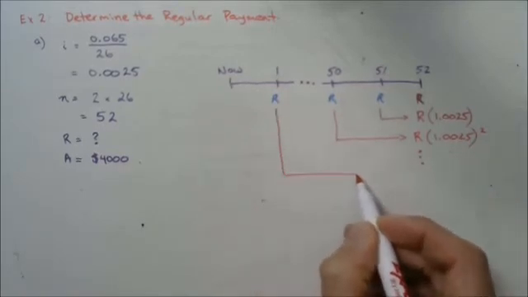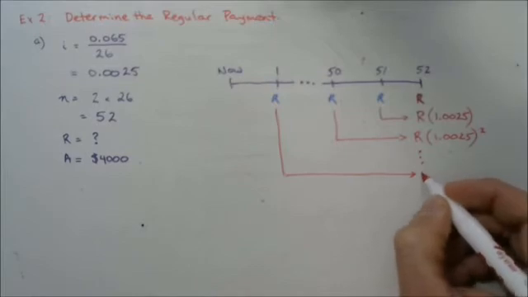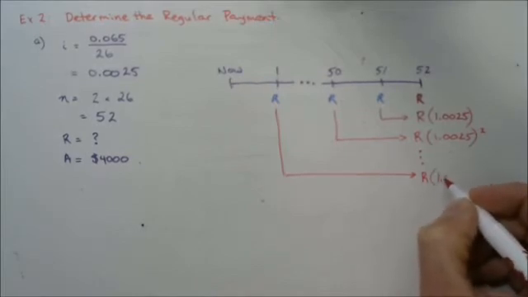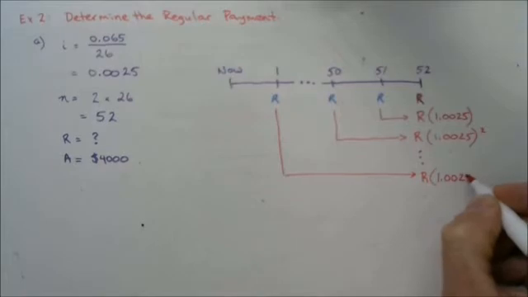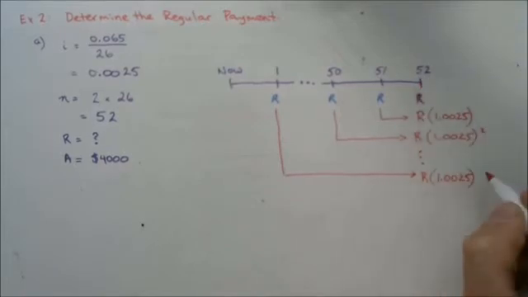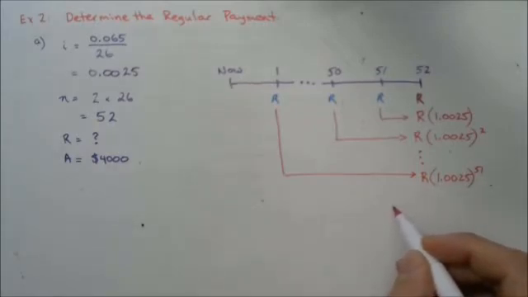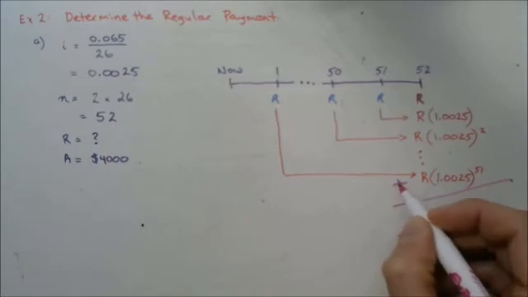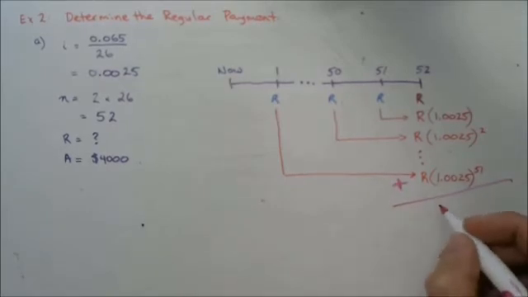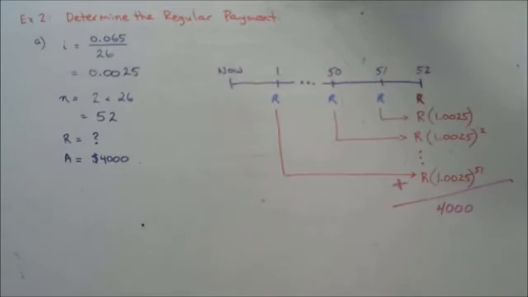And then we know that our first regular deposit is going to become R times 1.0025 to the power of n minus 1, which is 51. There is our series or our sequence. And the last thing that we know about this situation is that these are all going to add up to our amount, 4,000.